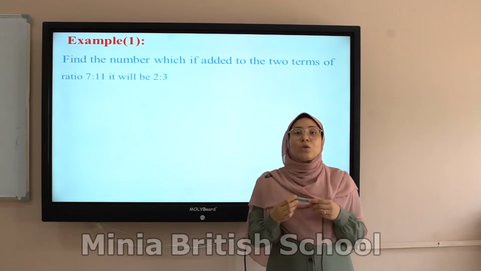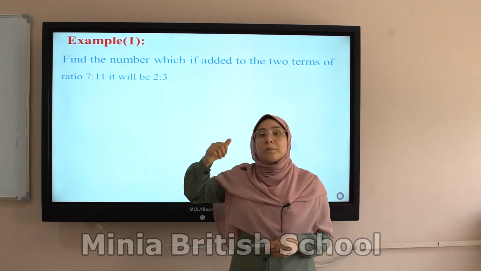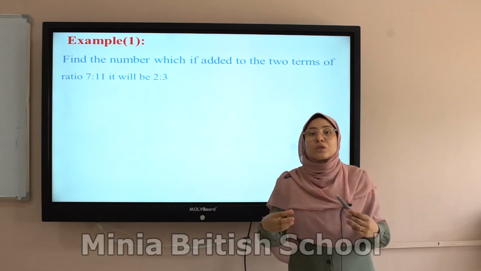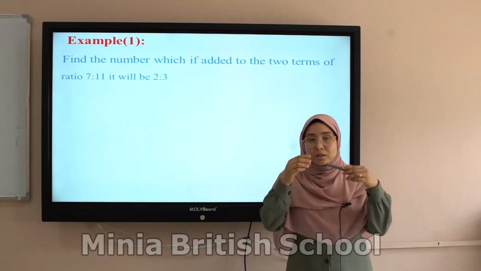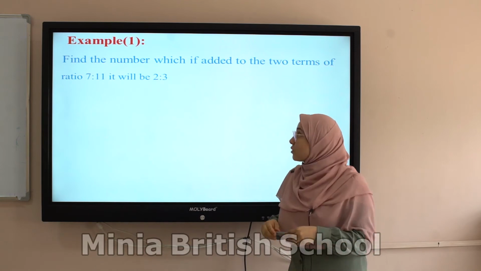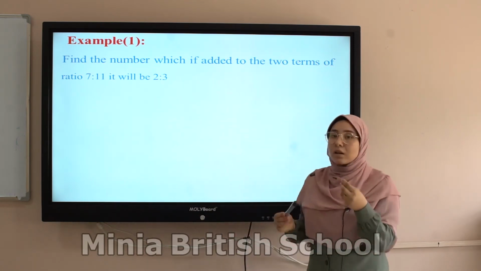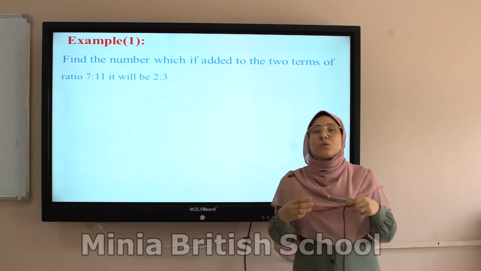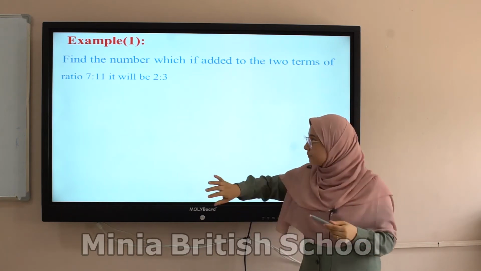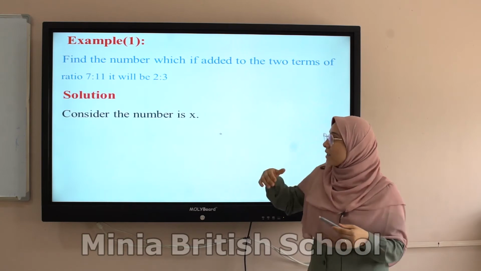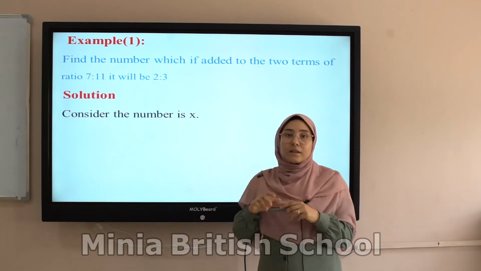Now, I need to convert this word problem into a mathematical statement. So I need to find the number which is added. First, let the number be x.